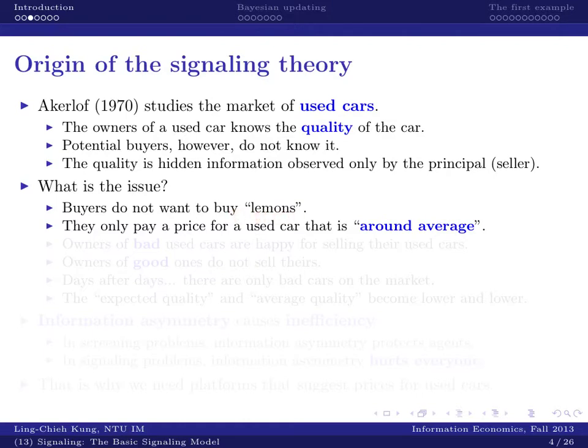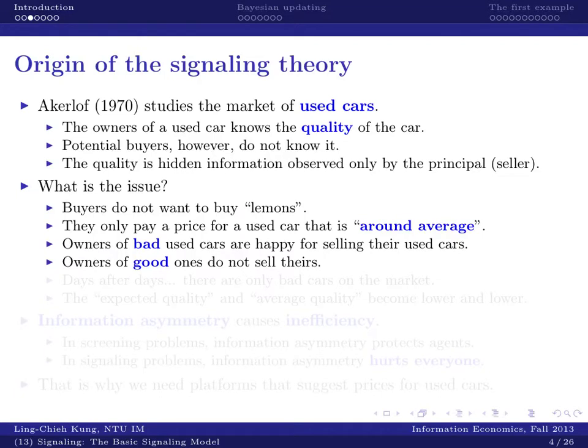So we don't want to buy bad used cars, and that's why if we are going to pay a price for used cars, typically we do not want to pay a very high price, because we do not want to get hurt. So we only pay a price for those cars that is around the average on the market. If the market has some good cars and bad cars, and we just don't know which is which, then what we will do is pay the price that can buy an average car. That's something the buyers will do.